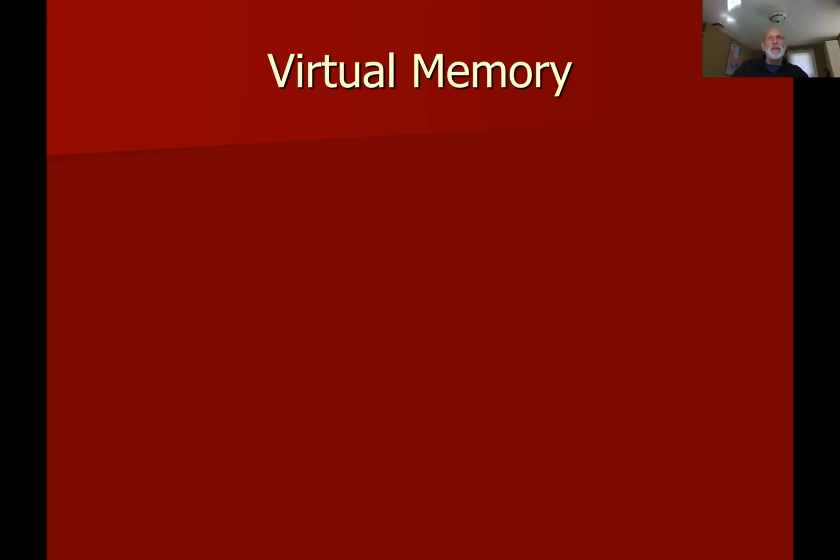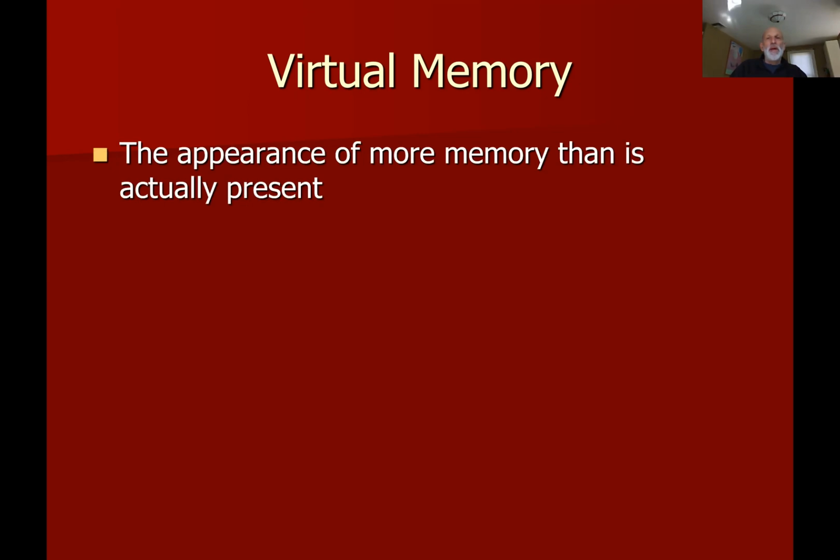So all this is going on frequently, making it appear as if memory has much more room than it actually has. This is called virtual memory. So basically, servers use virtual memory to support many, many users, many applications, in fact, more applications than there is physical space for.